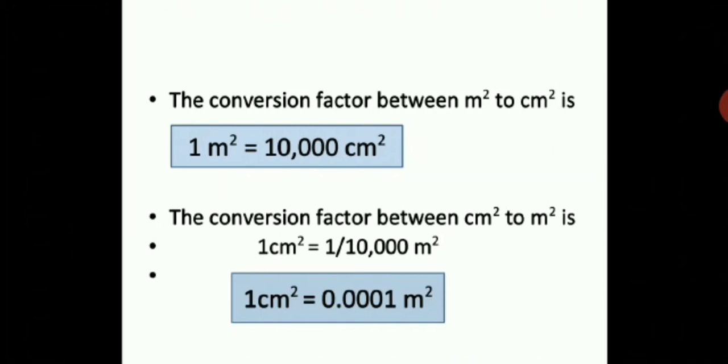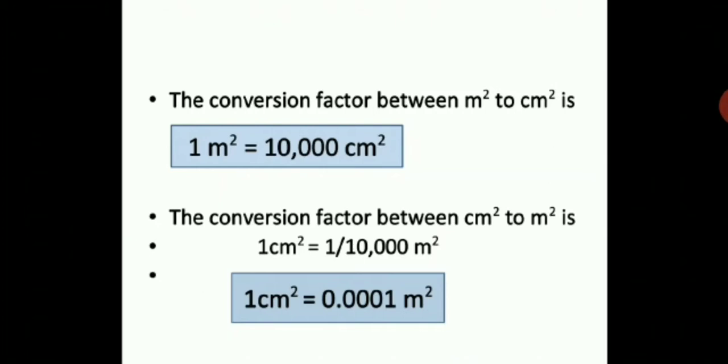Then what will be centimeter square to meter square? Here the conversion factor between centimeter square to meter square is you have to divide by 10,000. That means 1 centimeter square, you just have to do the reverse. You can see the above equation, 1 meter square is equal to 10,000 centimeter square.